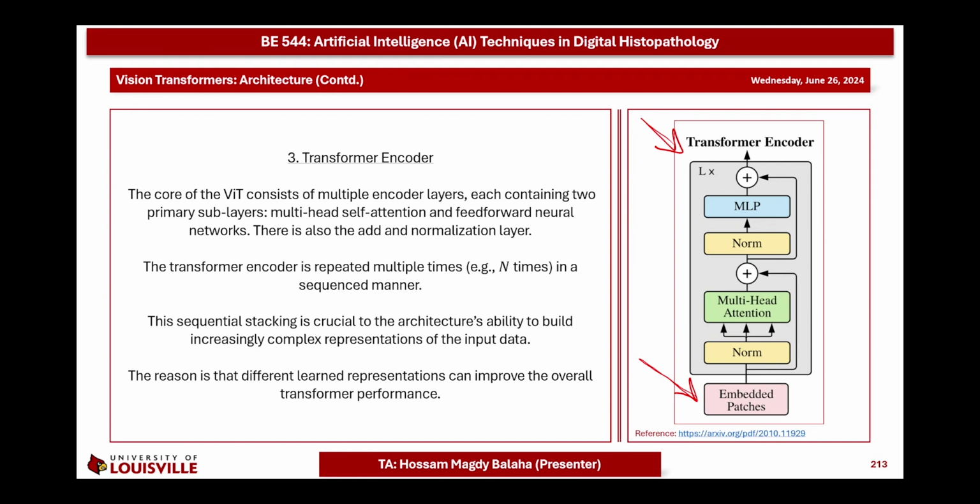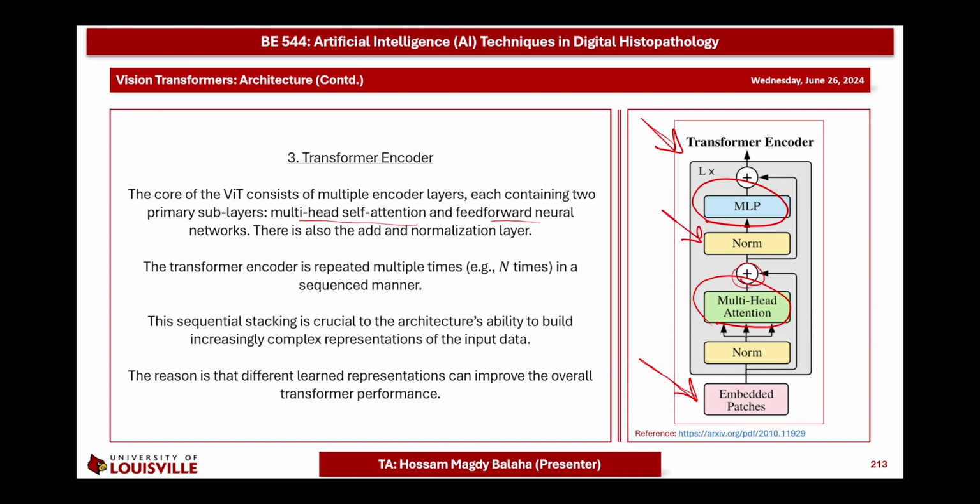The core of the vision transformer encoder is found in two primary sublayers. The first is called multi-head self-attention, and the second is the feed-forward neural network, which is here and here. In the encoder, there are also the add and normalization layers.